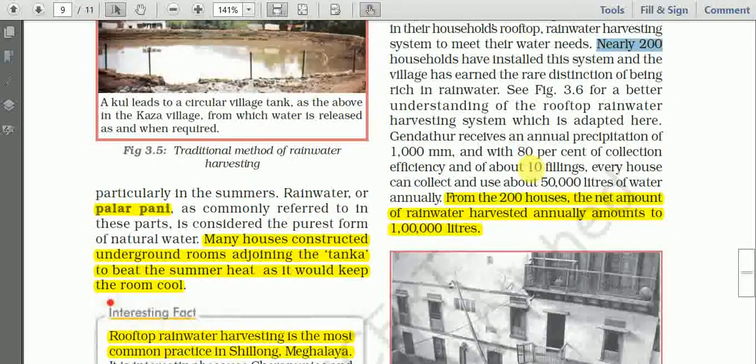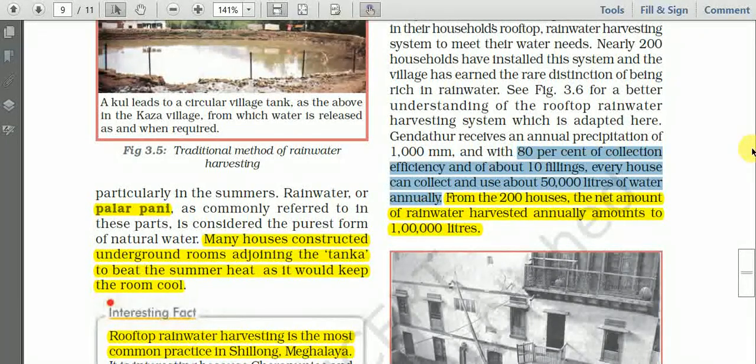Here in Gendathur, the annual precipitation is 1000 millimeter. That is only 100 centimeter. With 80% collection efficiency and about 10 fillings, every house can collect and use about 50,000 liters of water annually.